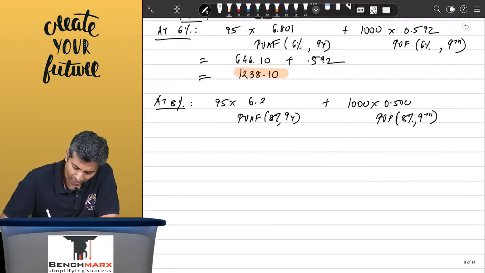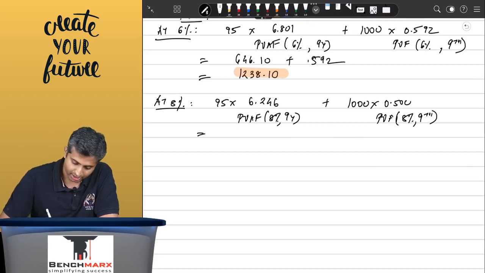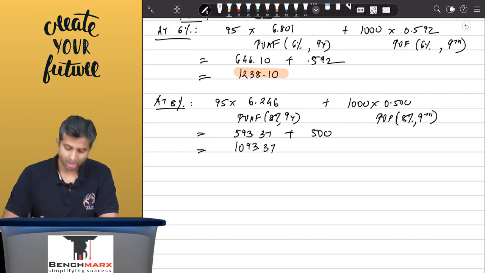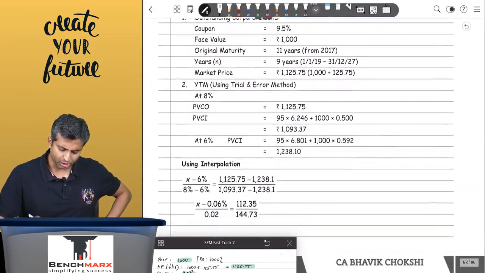I hope this calculation is correctly done. 95 into 6.246 plus, this is 593.37 and 1000 into 0.5, that is 500, and hence I guess this is 1093.37.